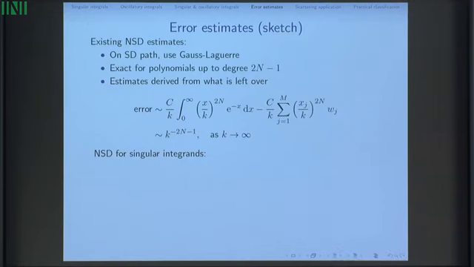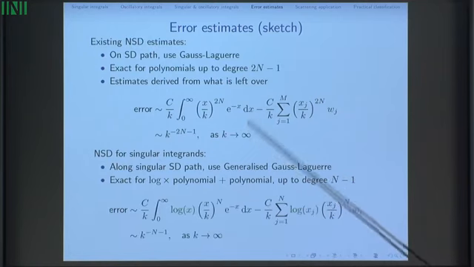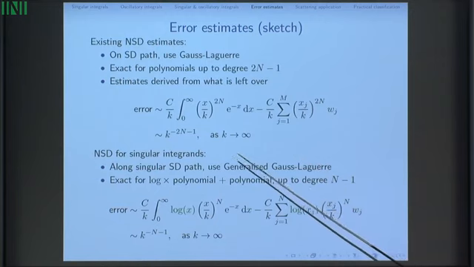For singular integrands, the approach is very similar, but recall that now we're using generalized Gauss-Legendre rather than regular Gauss-Legendre, which has degree of exactness n minus 1. Following the same approach, we now get an asymptotic estimate of, for fixed n, order k to the minus n minus 1 as k grows. Something I should point out is that in the case of a near singularity, you can still apply standard numerical steepest descent, and the error estimate will look the same.